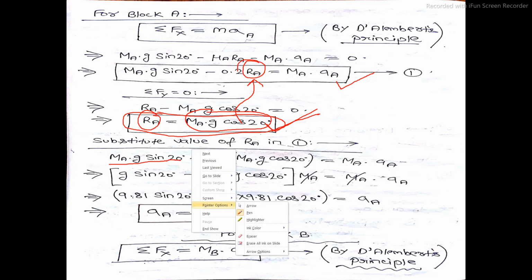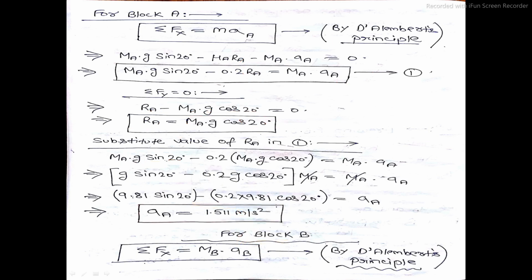From this equation, let us take ma common. In bracket you will get g sine 20 minus 0.2 into g cos 20, into ma is equal to ma into Aa. Now this ma and ma will get cancelled out. Finally you will get Aa as g sine 20 minus 0.2 g cos 20.